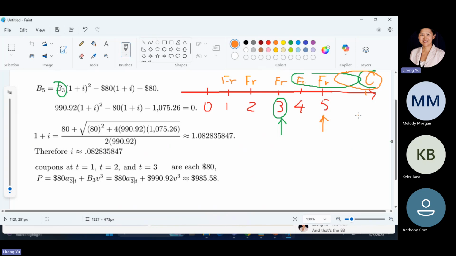And then you're going to take away the payment that you paid. At B5, this payment is actually 80. So at B5, this is an $80 payment, and that's an $80 payment.